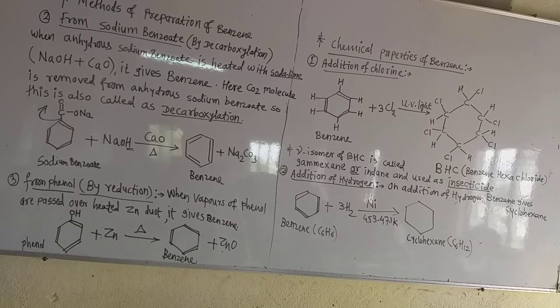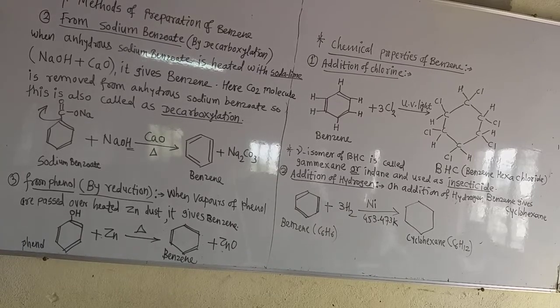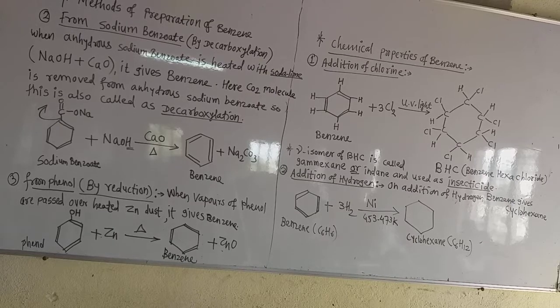Now when anhydrous sodium benzoate is heated with soda lime, that is NaOH plus calcium oxide, it gives benzene. Sodium hydroxide and calcium oxide form the soda lime, and it gives benzene. Hence here a CO2 molecule is removed from the anhydrous sodium benzoate. So this reaction is also called decarboxylation.